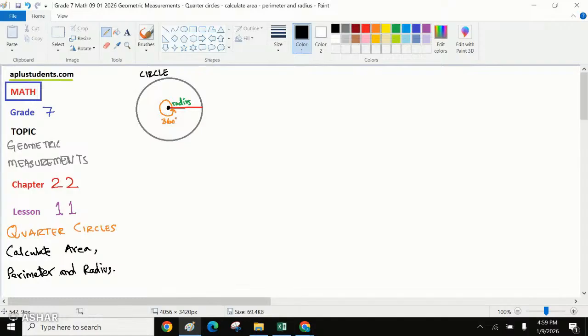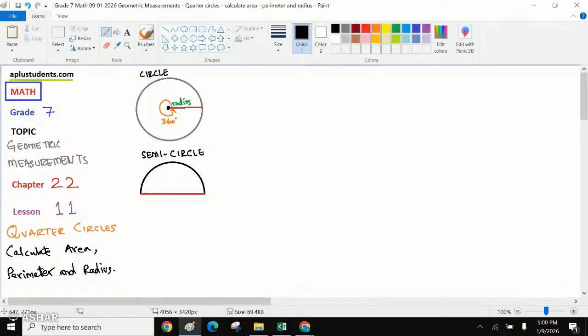So now we see what can we do with the circle? What kind of circles can be there? So now let's make another circle and let's see what can happen. If we have a circle and we break the circle into a half, we draw a line from this end to the other end, and this kind of circle is known as a half circle, which is basically known as a semicircle.